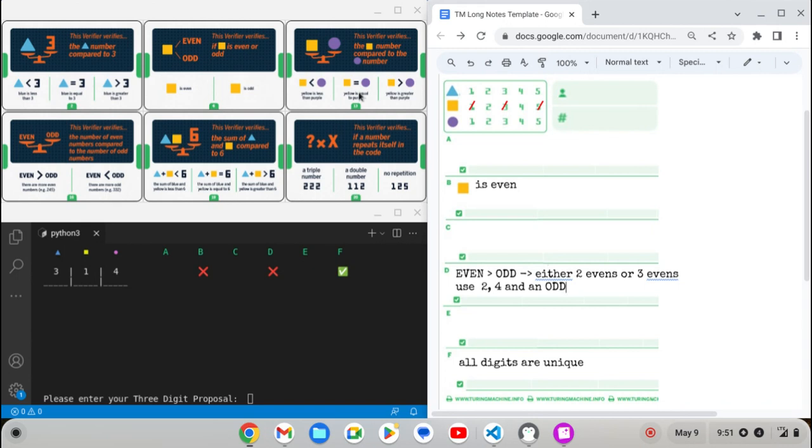And then obviously criteria E, where we're summing the first 2 digits and comparing to 6. A and E are somewhat related, since they both have the triangle digit, and then we're comparing square and circle.